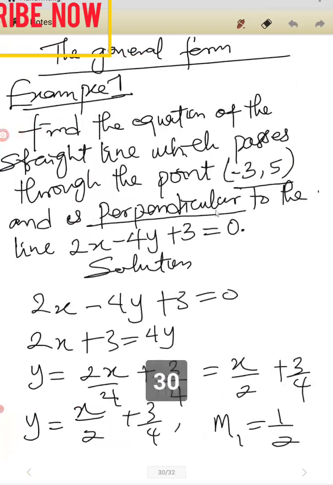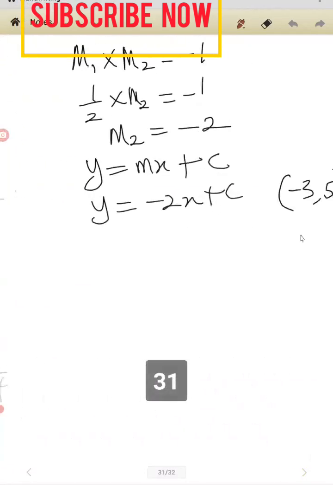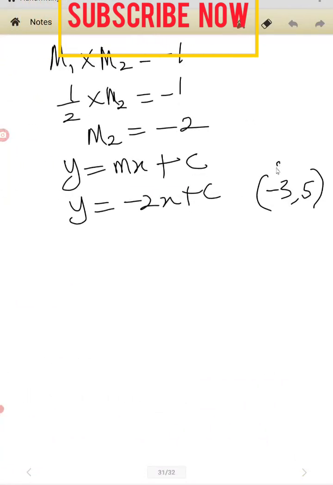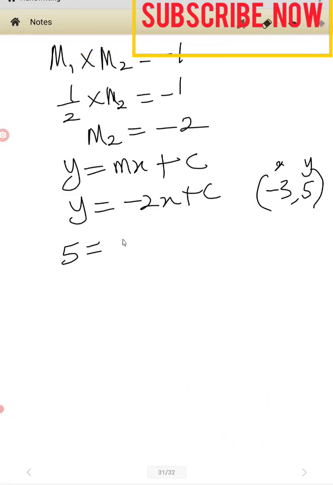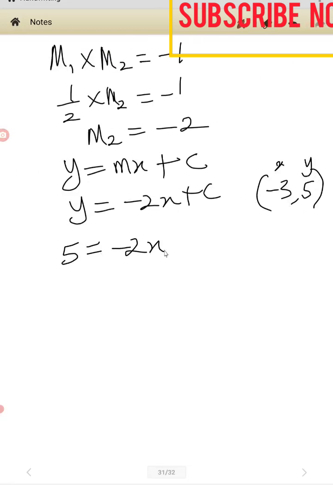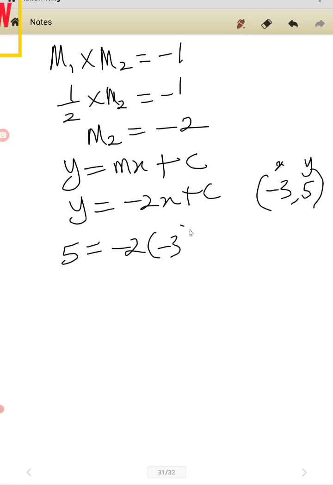Remember, he said through this point, and perpendicular to the line. So you go back to the point where x is minus 3 and y is 5. So we have 5 is equal to minus 2 times minus 3, plus c.